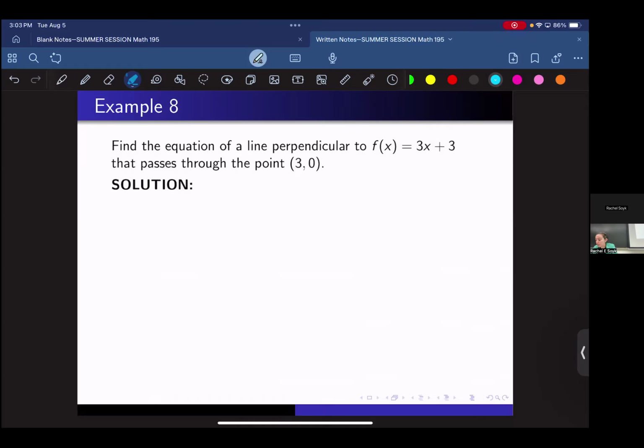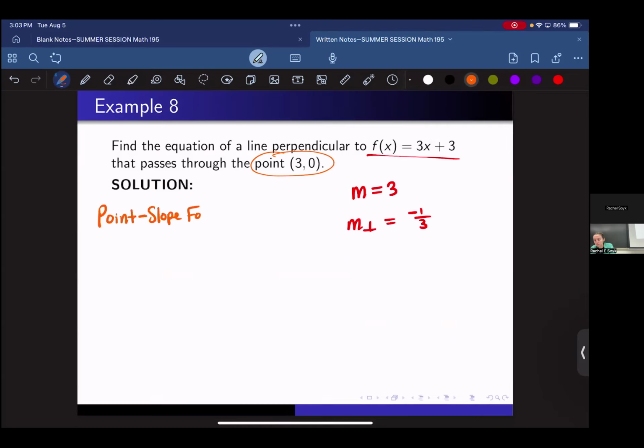We want to find the equation of a perpendicular line to this equation. So if our slope is 3 here, our negative reciprocal slope is just negative 1/3. And then it passes through this point. So this is where we should use what's known as our point slope formula, which is y minus y1 is equal to m(x minus x1). And this is your x1, y1.